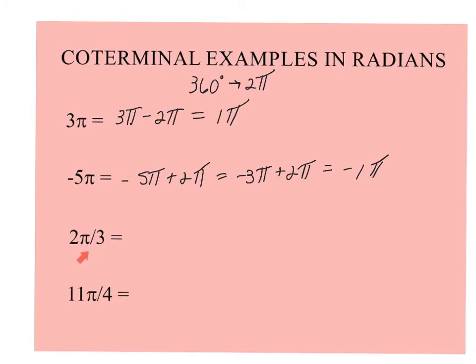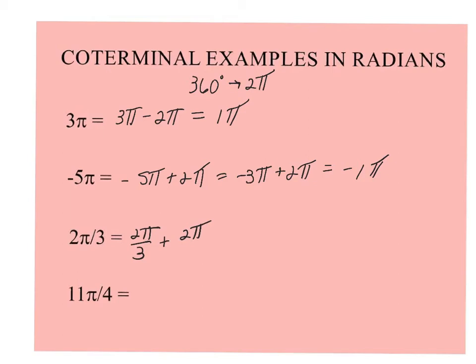It would already be within the original unit circle, but to work with fractions in practice using coterminality, I could choose to either take my 2 pi over 3 and subtract 2 pi, or I could add 2 pi, because again, I'm only finding what it's coterminal with.